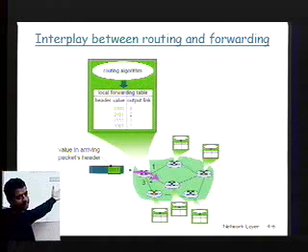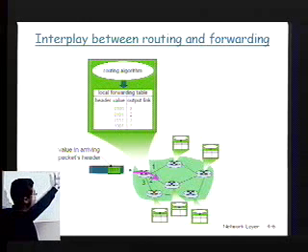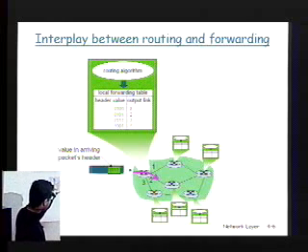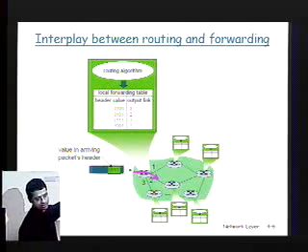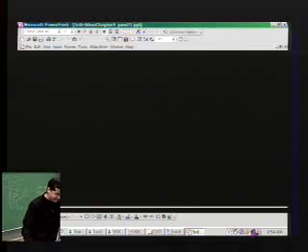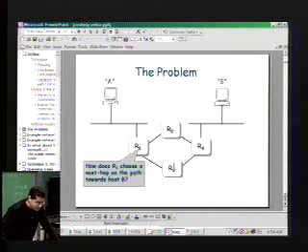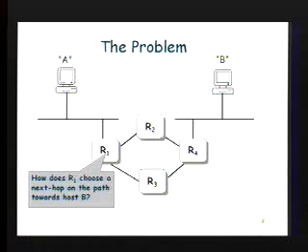So if you change the header value, you're going to forward it on to a different link. This header value indicates where it's going, what the final destination is, and depending on that, a choice is made of the right output link. So let's come back to the problem of routing.